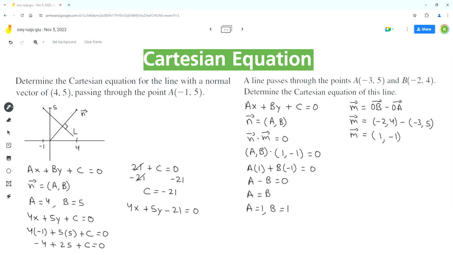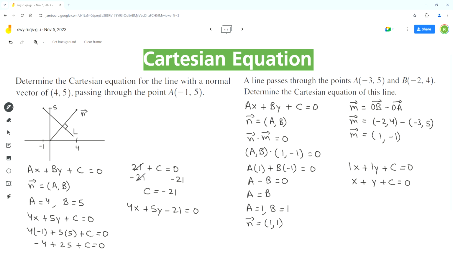So the normal vector for this line is (1, 1). Now we can sub in the values of a and b in the general equation. Now we have to find the value of c, and for that we can sub in any of these two given points as x and y. So let's use point B because it has smaller numbers.